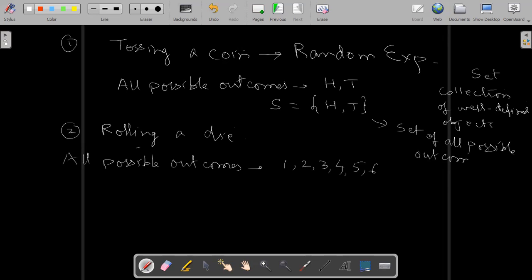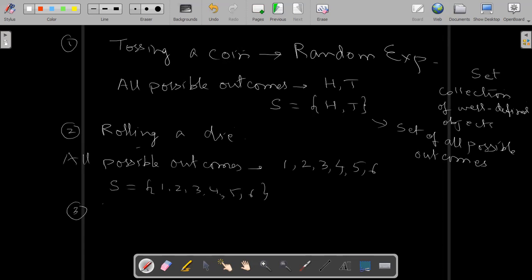Similarly, here S is the set of all possible outcomes: 1, 2, 3, 4, 5 and 6. You are throwing a die one time, so you get one outcome at a time.